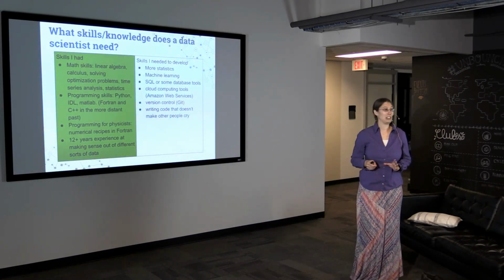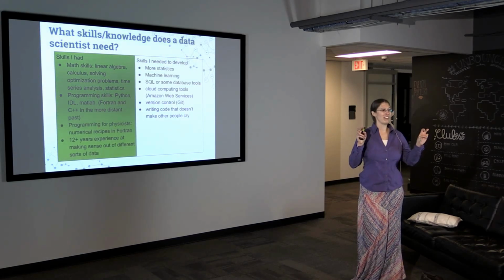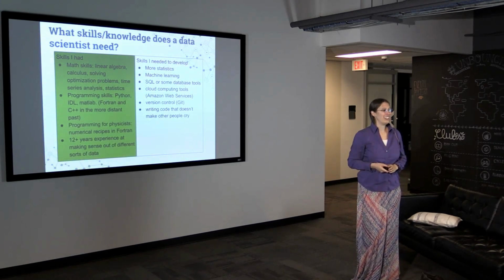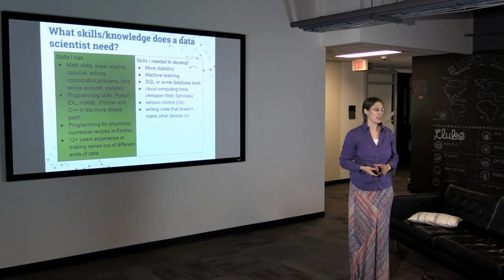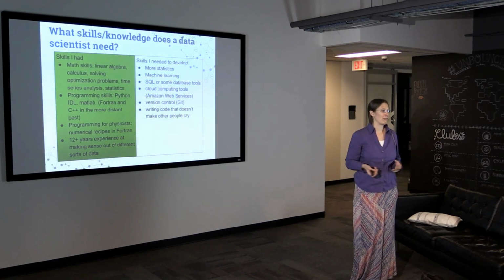I also took a really good class in undergrad, programming for physicists. It was taught in Fortran, and we basically did a bunch of the numerical recipes from Fortran. We solved systems of linear equations, differential equations, a whole bunch of stuff that would be useful to you as a physicist, and actually turned out to be really awesome to have for data science as well.